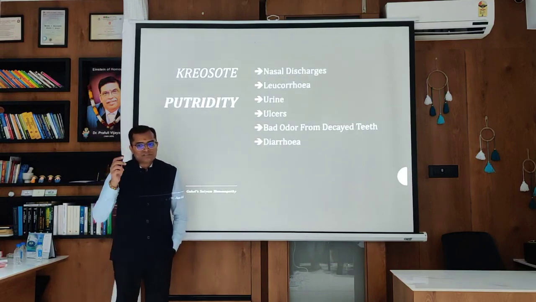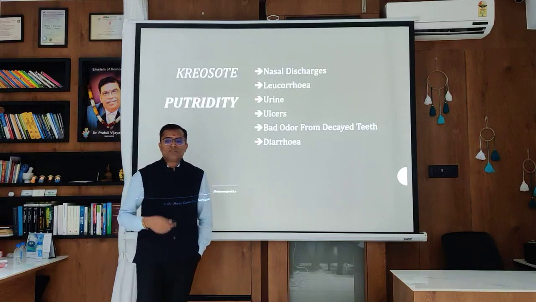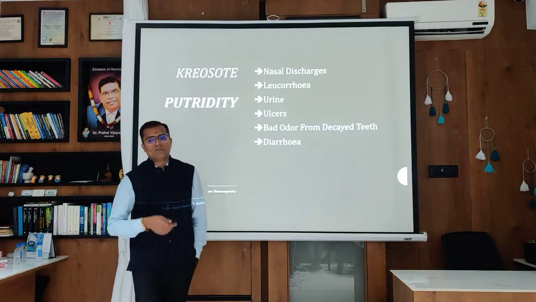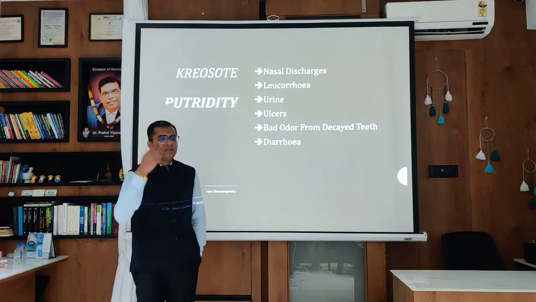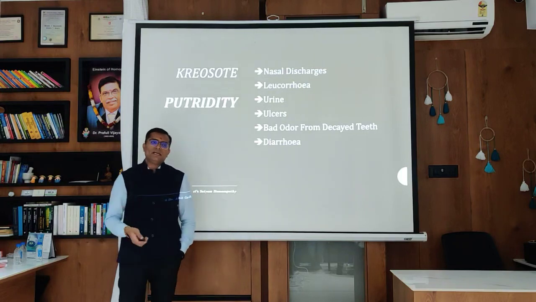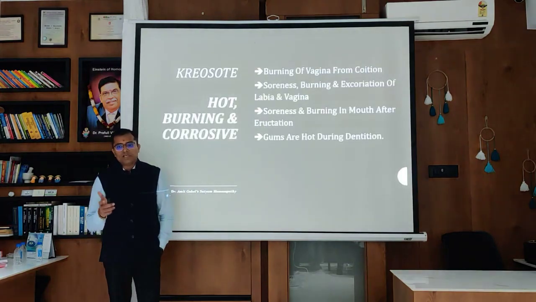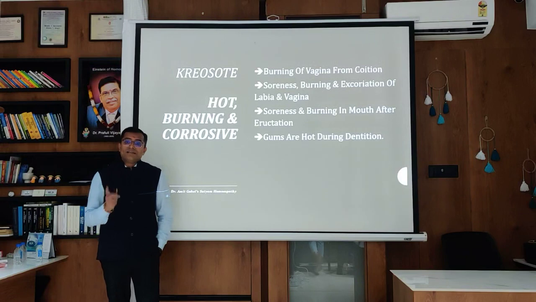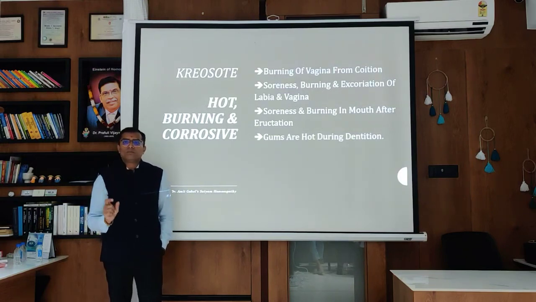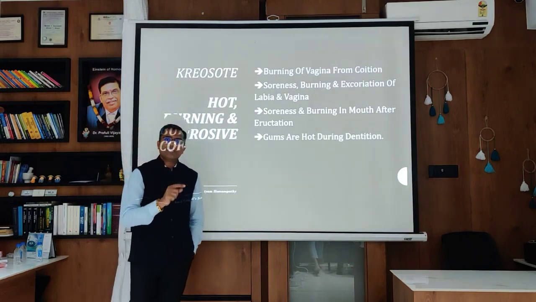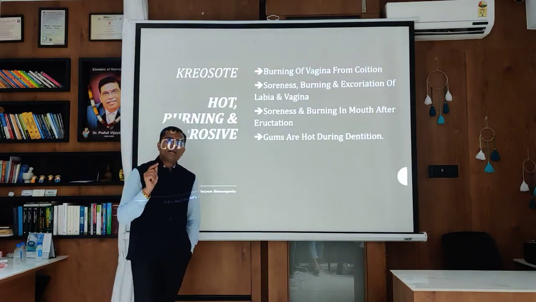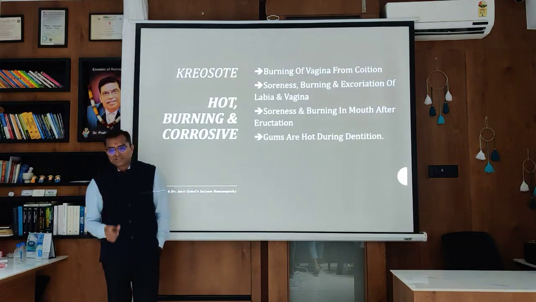Putridity in all the discharge. So it can be nasal discharge, leukorrhea, urine, ulcers, bad odor from decayed teeth, or any excretion of the body. It can be diarrhea, it can be stool, anything. So it is putridity. Along with the discharge there is a hotness of the discharge which burns and corrodes the particular part mostly. So that leads to soreness, burning, excoriation of the particular part. Redness is an indication.